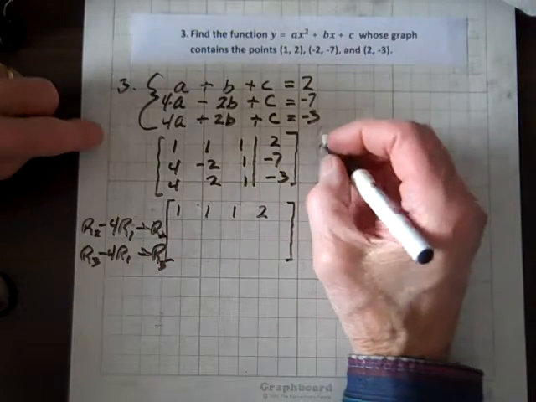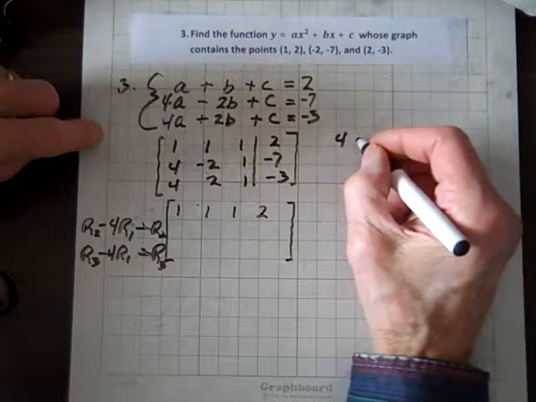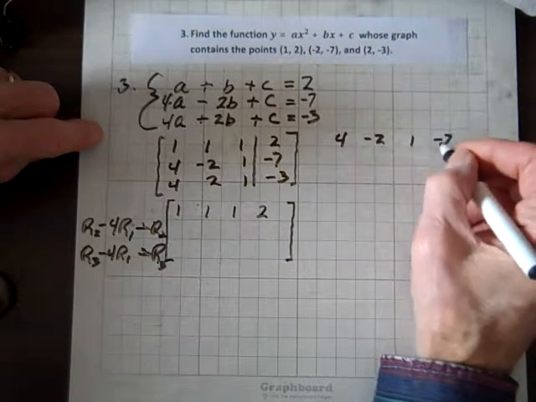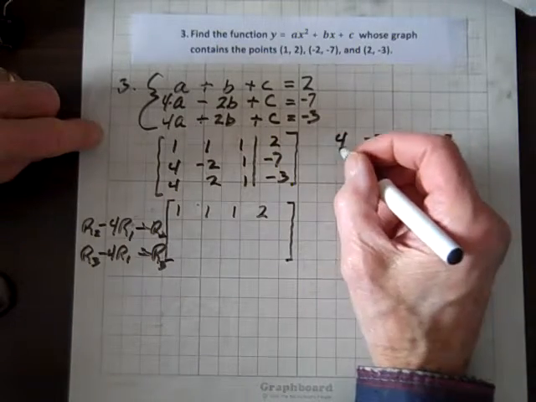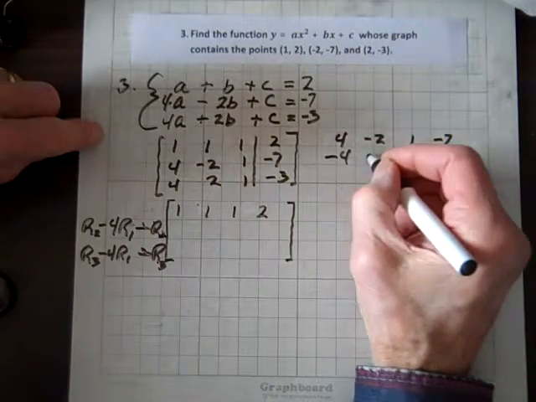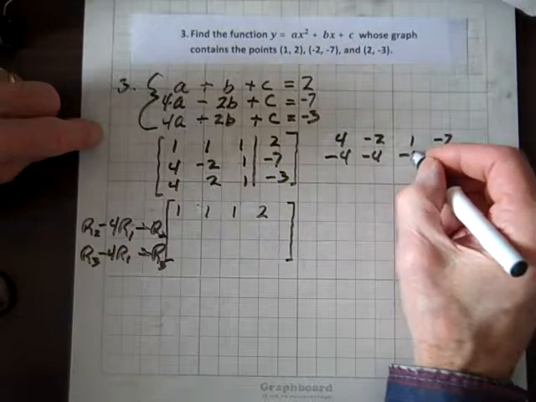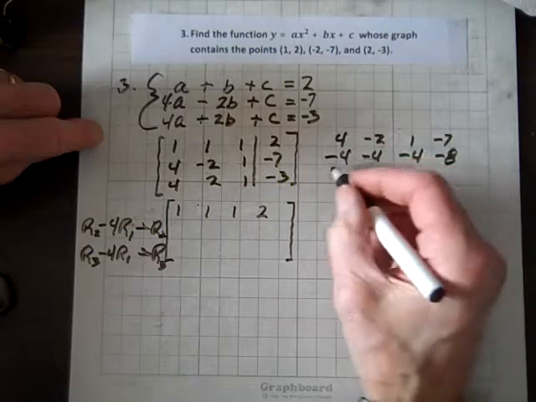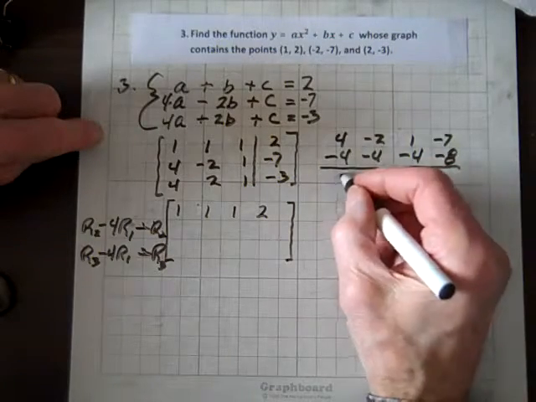So let's write row 2 down, and that is 4, -2, 1, -7, and multiply row 1 by -4. So -4, -4, -4, and 2 times -4 is -8. Add them up. There's our 0.